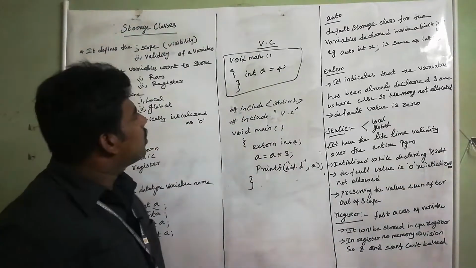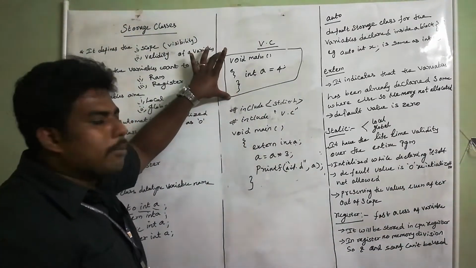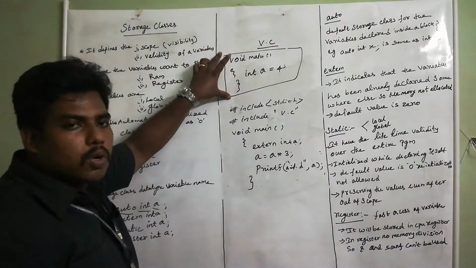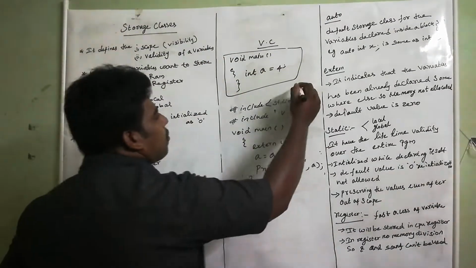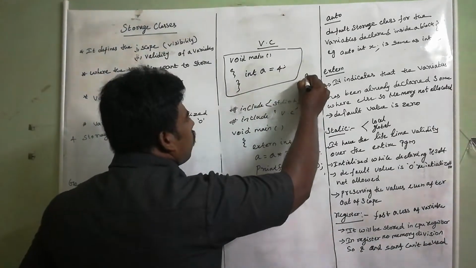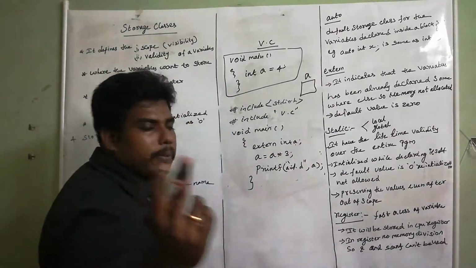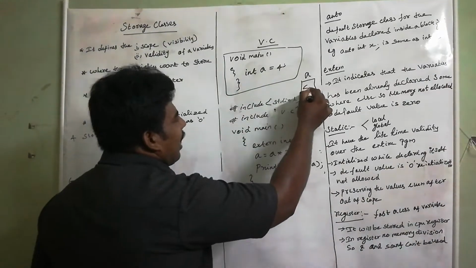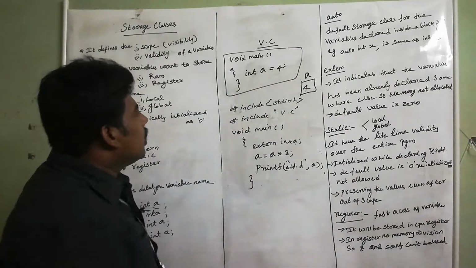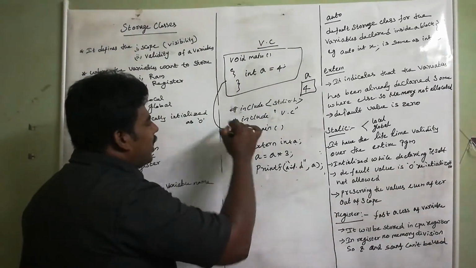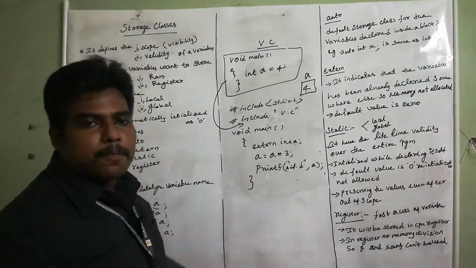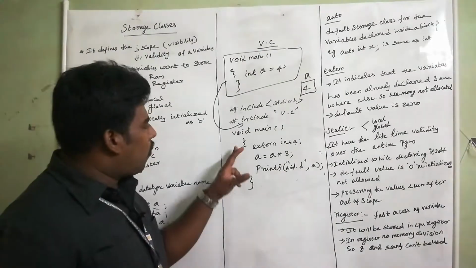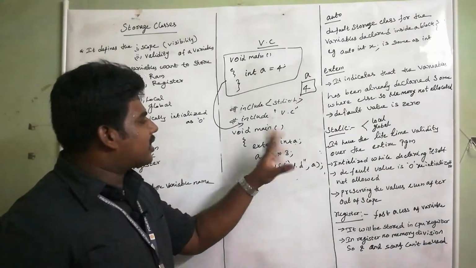Now listen, first I am writing one program, void main. Here I declared a is 4. So in the memory, 2 bytes were allocated for this a and the value is 4. This program I included here, include v.c, so it is included with this program. Now in void main, I am telling extern int a.